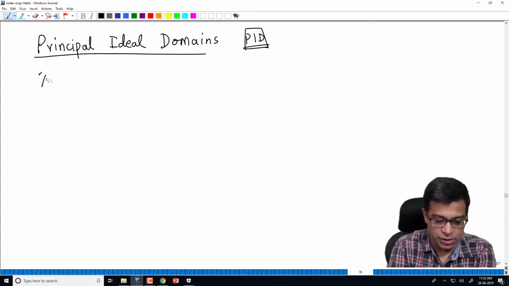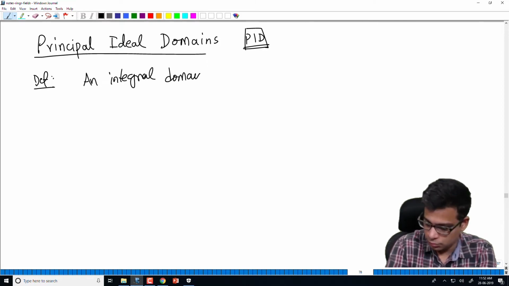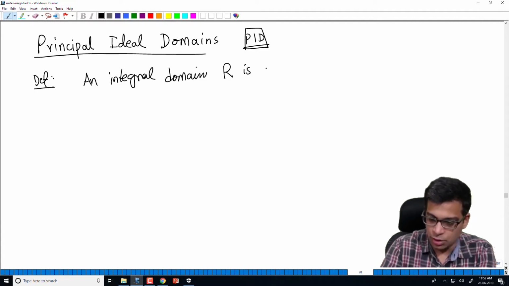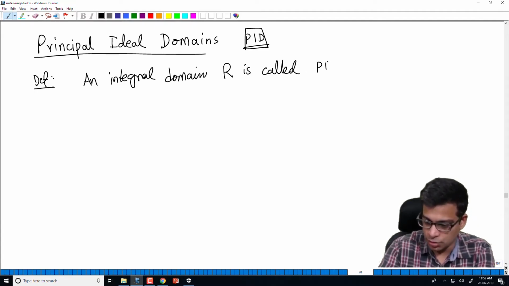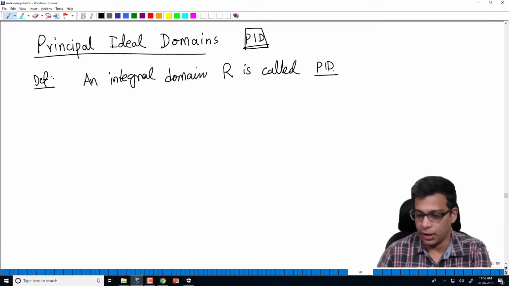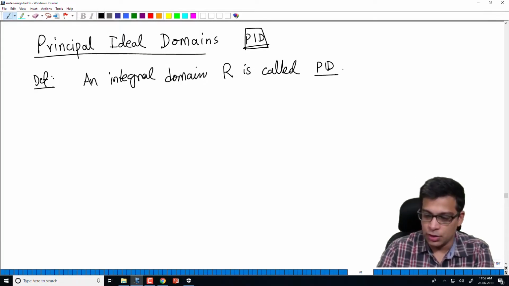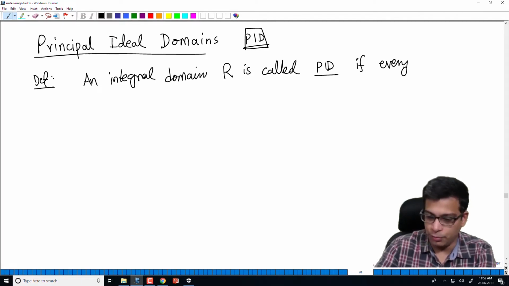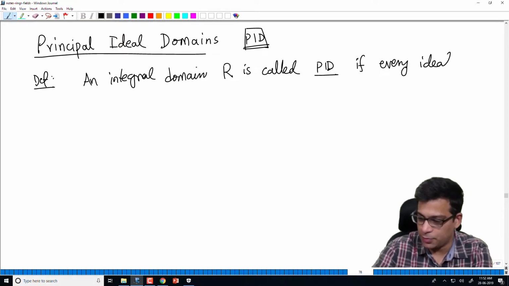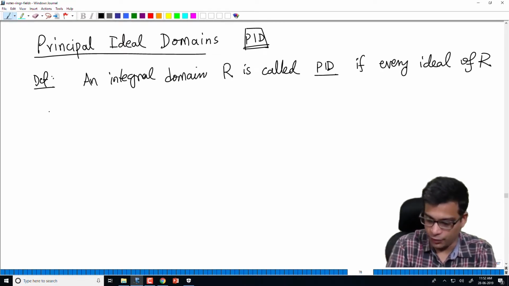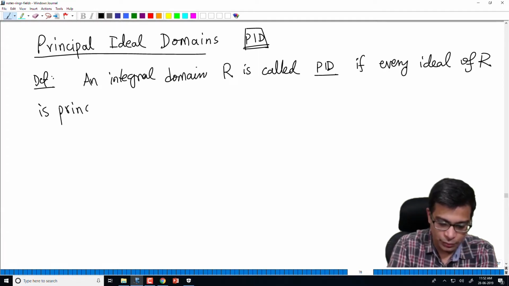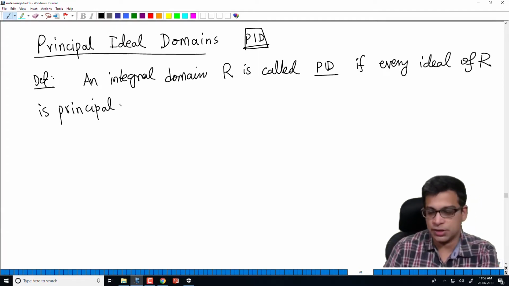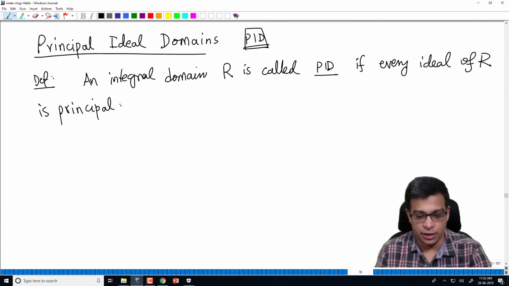This is the definition: an integral domain R is called a PID, I will always use the abbreviation PID for principal ideal domain, if, as the name suggests, every ideal of R is principal.